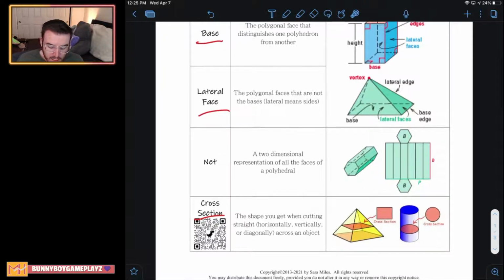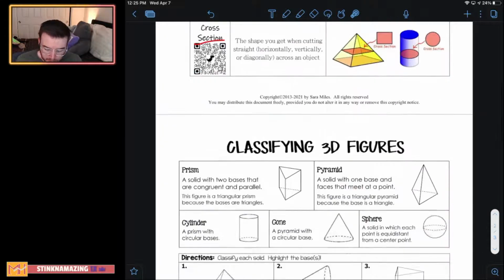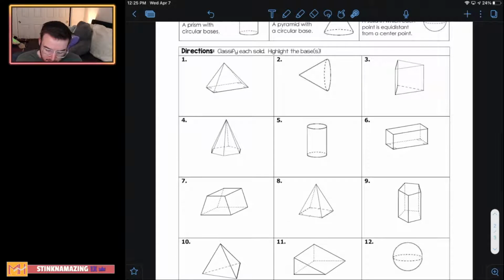And then the lateral face is everything else. Do you see how there's a pentagon on the top and a pentagon on the bottom, and they're connected to each other? When you connect them, you're creating faces, lateral faces. There's one back here, one back there, one over here off to the side, one in front, and one here off to the side.